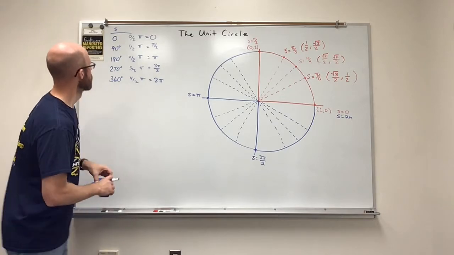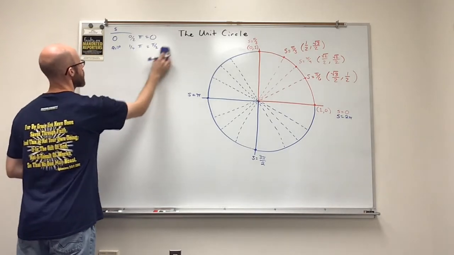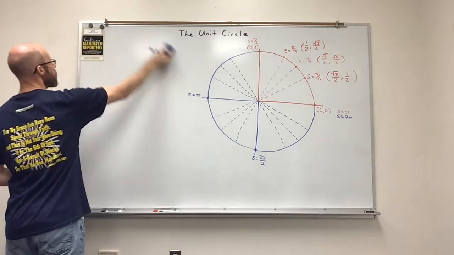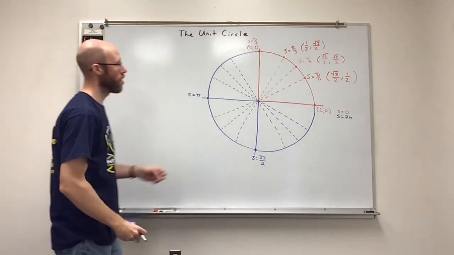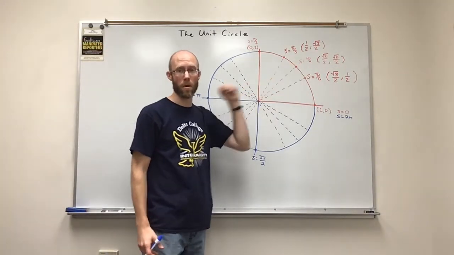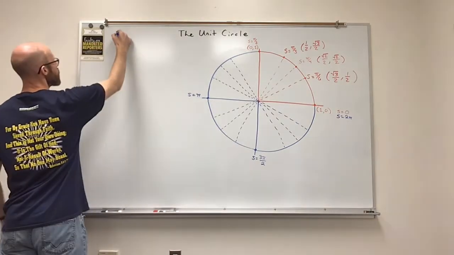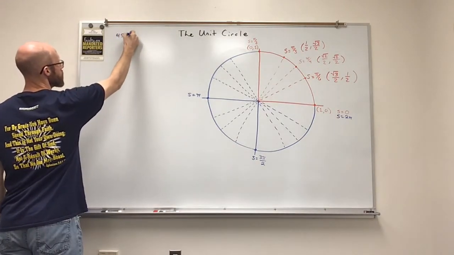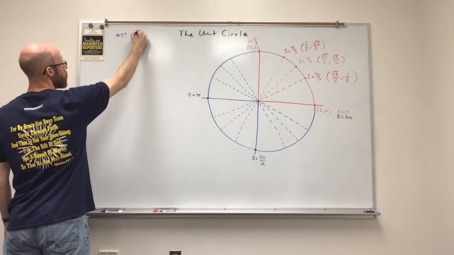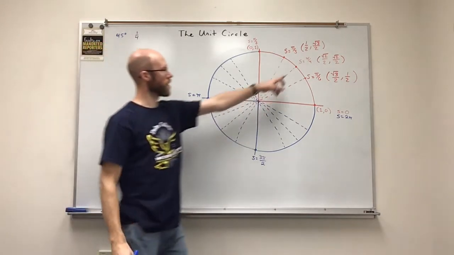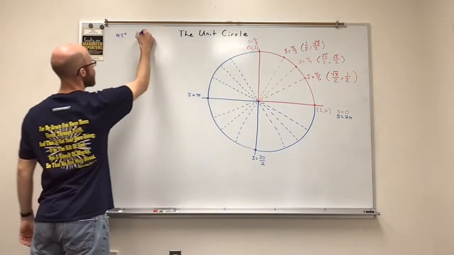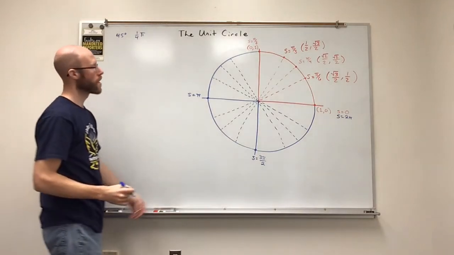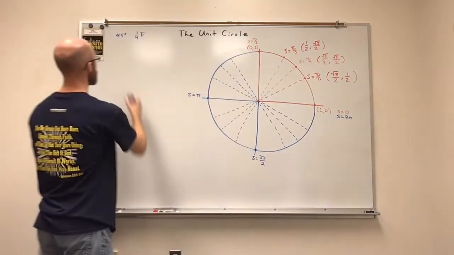Okay. So we can also do the same thing with all the other angles. Let's look at the 45s for a moment, right? So 45 degrees is 1/4 pi, right? Pi over 4. It's 1/4 of a pi. 90 degrees is 2 of them, right?